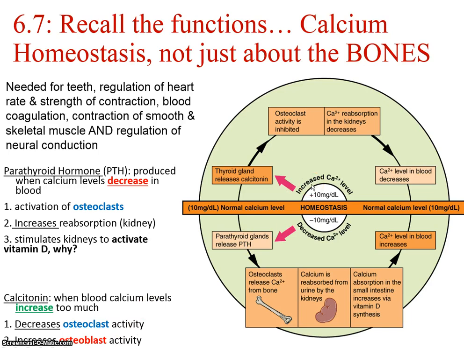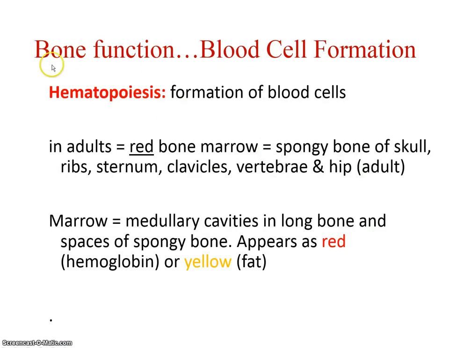Problem solved. And then bone function also includes the formation of blood cells, and we call that process hematopoiesis, the production of blood cells. This occurs in your red bone marrow. There are two types of marrow that we find in the spaces in the bones.